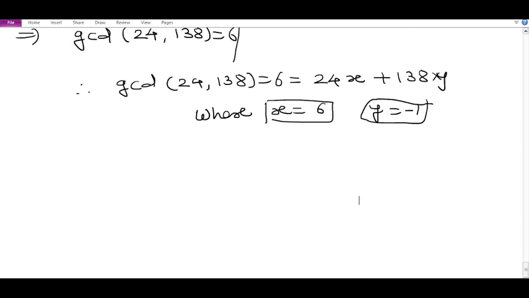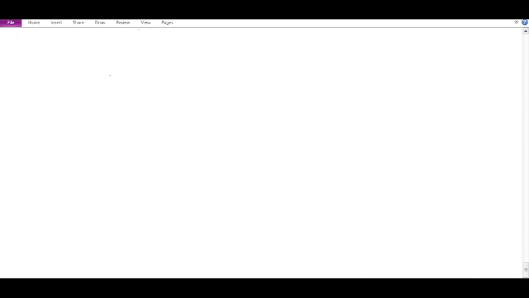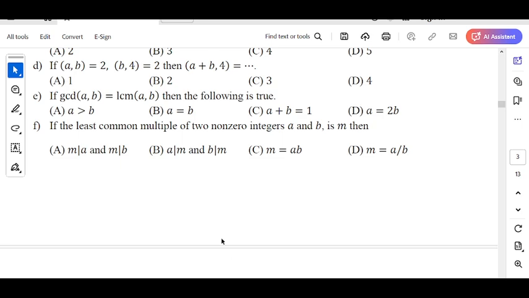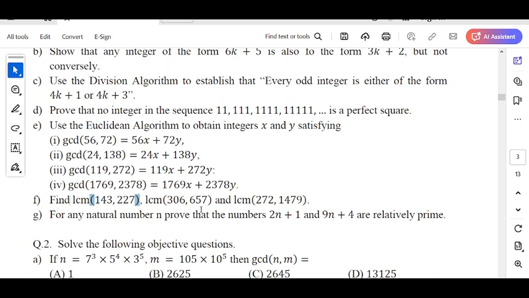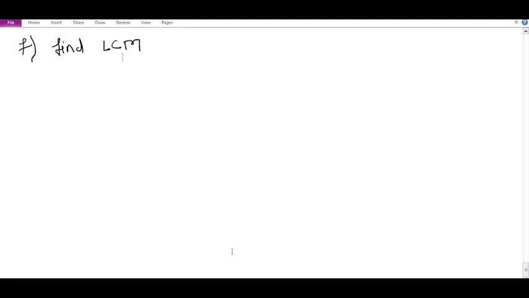Next example F: find LCM of 143 and 227.